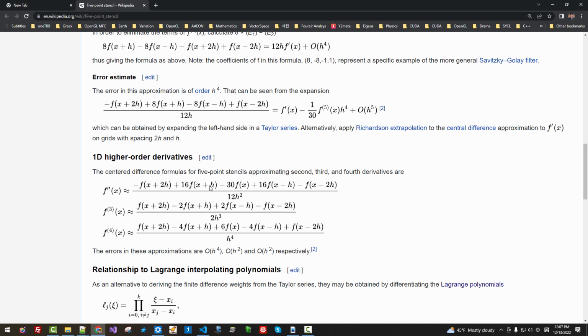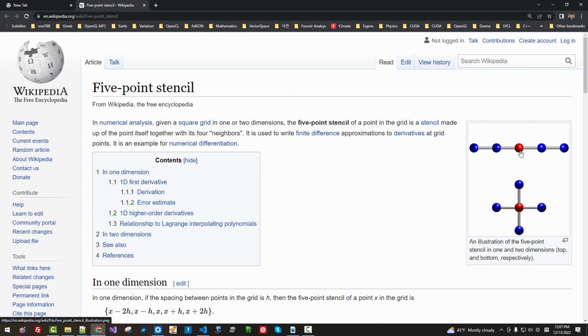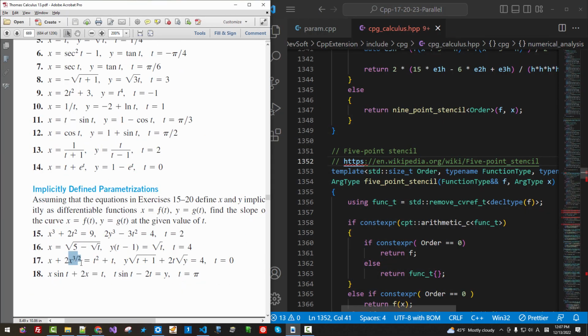So 1, 2, 3, 4, 5. We are using 5 points with the center x. We have to understand the 5-point stencil algorithm first. The problem occurs in this term.